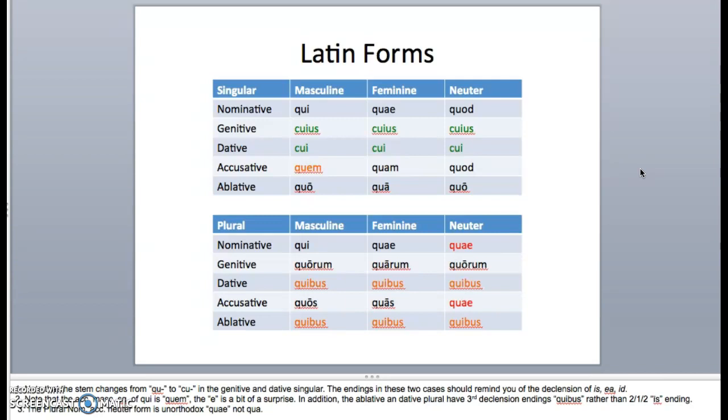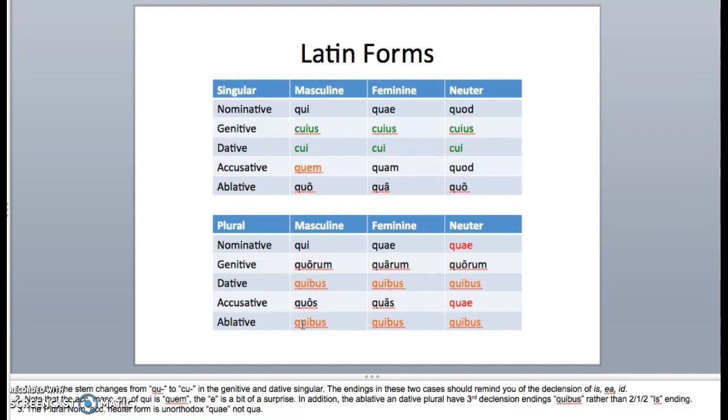Keeping that in mind, the same sort of weird third declension endings are mixed in the plural dative and the plural ablative. We have quibus, quibus, quibus, which again we've seen as dative and ablative plural endings in the third declension. So there's something weird going on here, right? Qui, quae, quod is almost like a hybrid of third declension and 2-1-2 endings. So we want to keep that in mind.